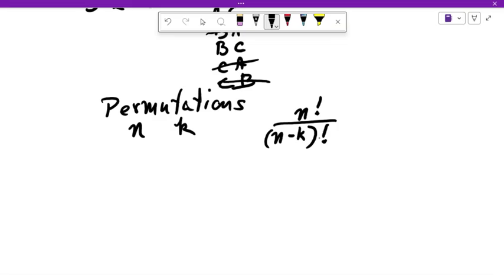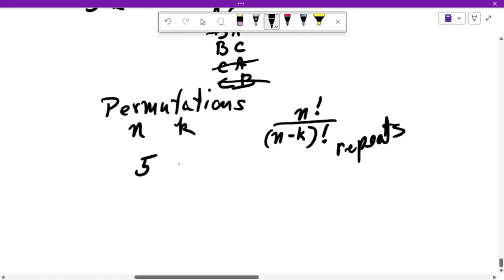The n minus k takes out repeats. So we can't have Aunt Doris in 2 seats. There's one Aunt Doris, she's got to be in a seat. So we have no repeats.